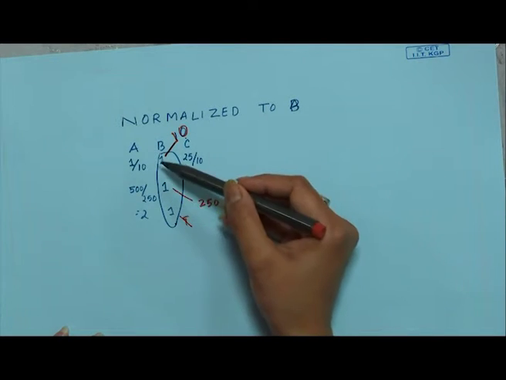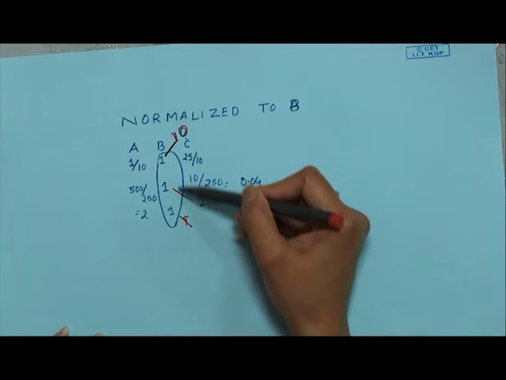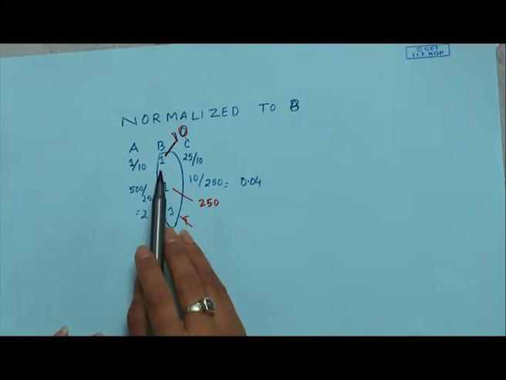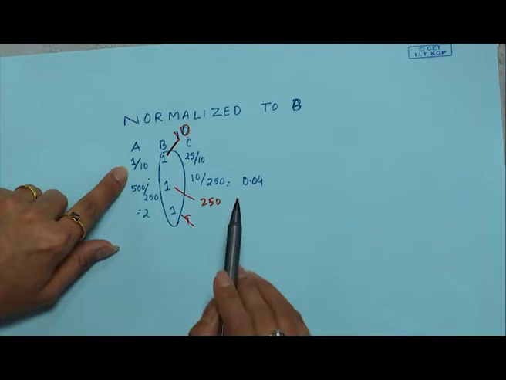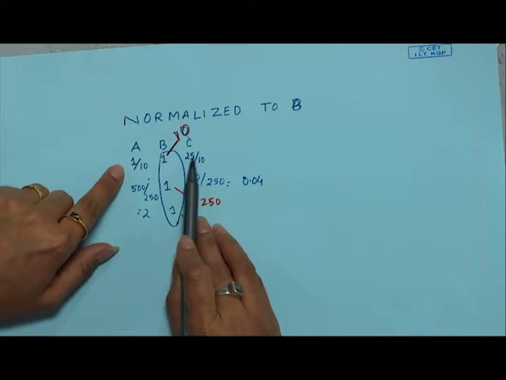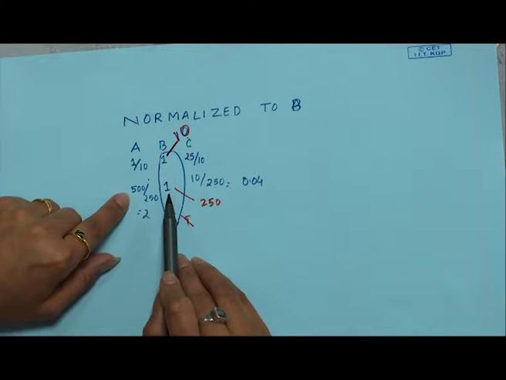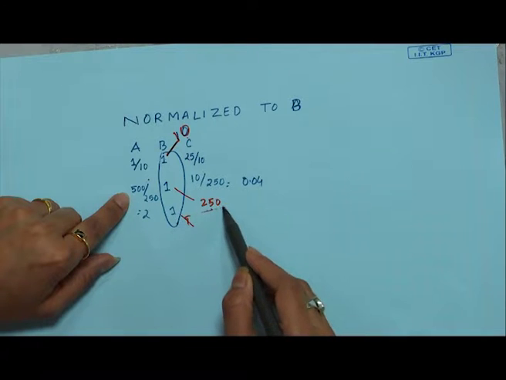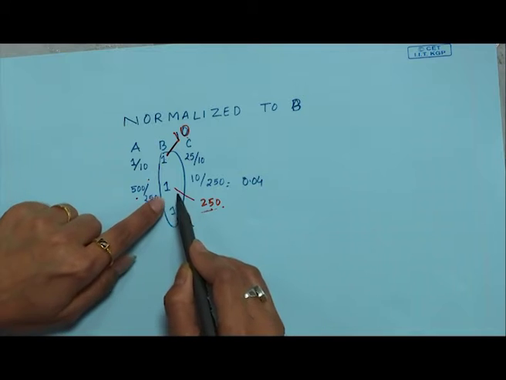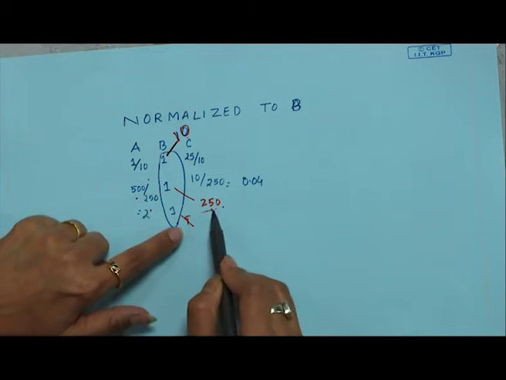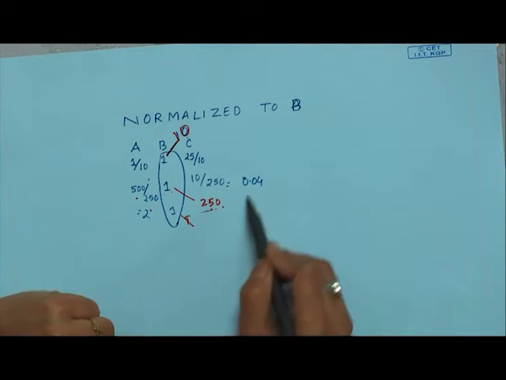So, what we are doing is making the others normalized to B, with B as the reference. This is 1 divided by 10, and this will become 25 divided by 10, and here it was 250, so you have to divide by 250. To make the 500 a 1, we divide by 250. So, we will get here 1 and 10 divided by 250.